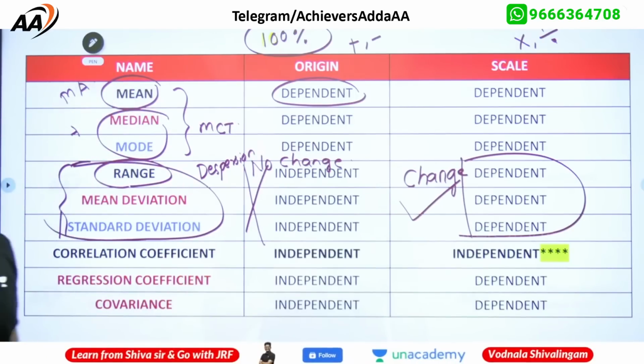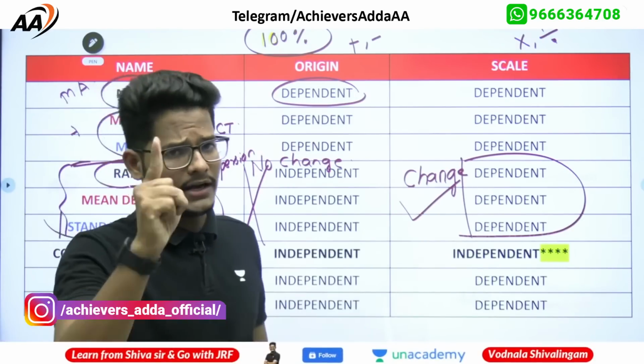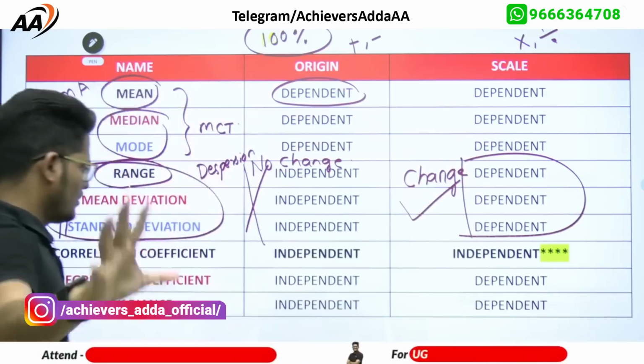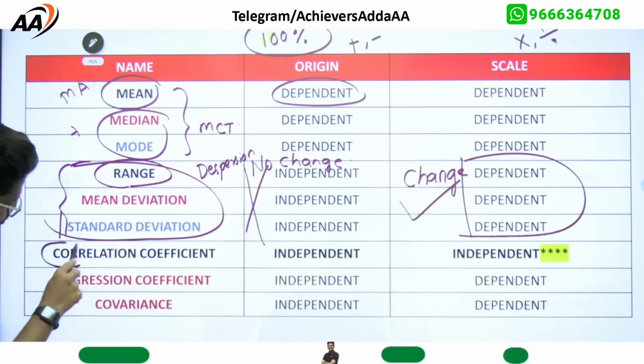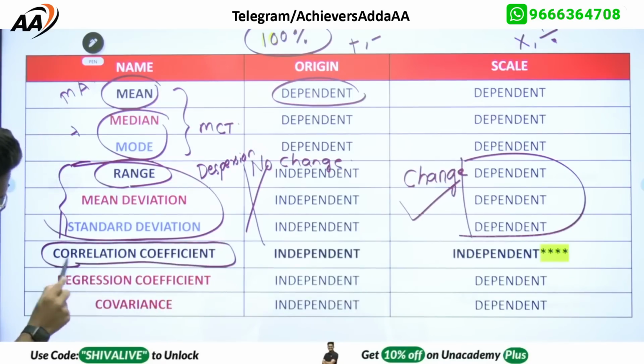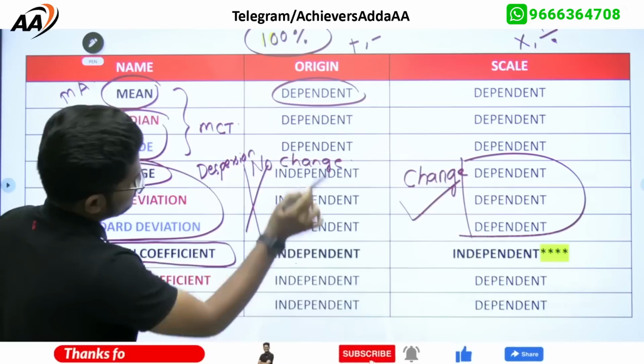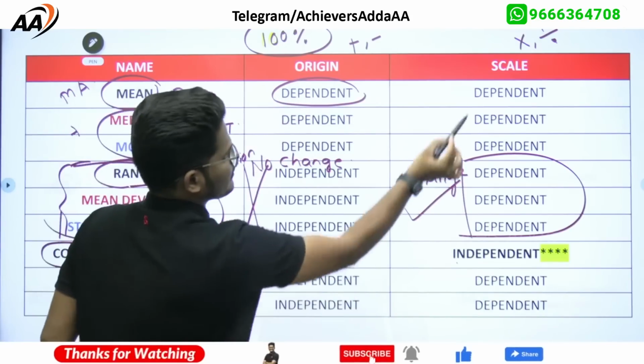Next, one and only hero. It is like one and only hero, Bahubali. Out of the entire statistics, in research also, he is the one: correlation coefficient. Correlation coefficient is independent of the origin and independent of the scale.